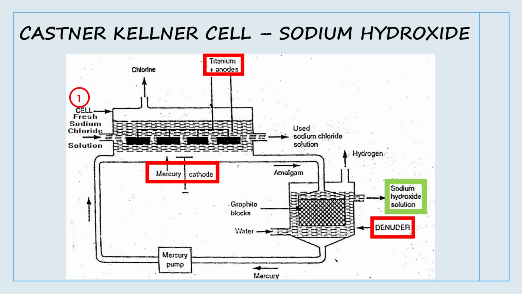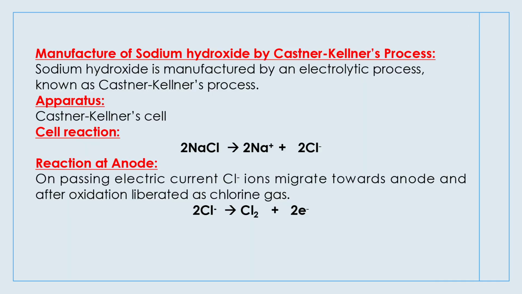Now how you can write it down, along with the production of different gases that happens throughout the system. It is an electrolytic process. The apparatus used is the Castner Kellner Cell. In the overall reaction, we have the sodium chloride solution, that is the electrolyte, and it forms sodium and chloride ions. On the anode you can see that we have chlorine gas production.